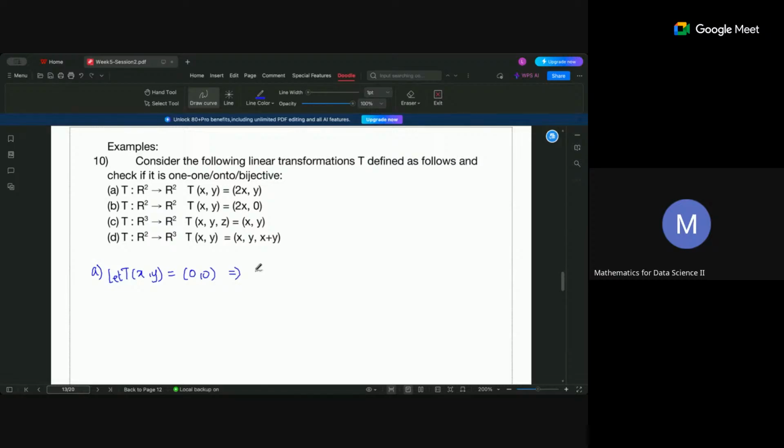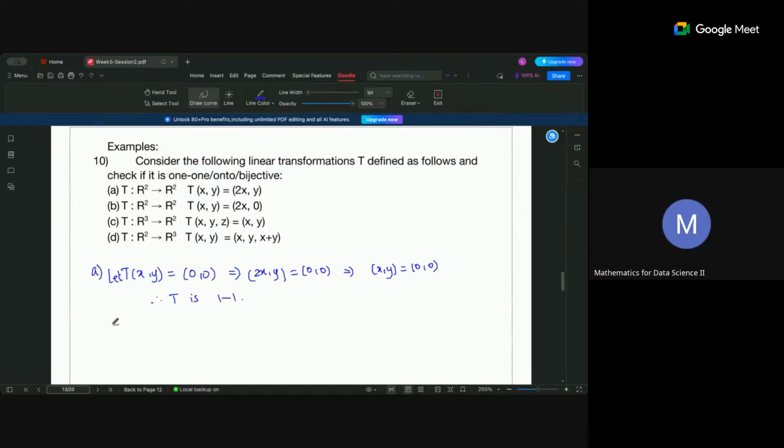Then what happens? 2x comma y is equal to 0 comma 0. This implies x comma y is 0, 0. So T is one-to-one. How will you check onto?